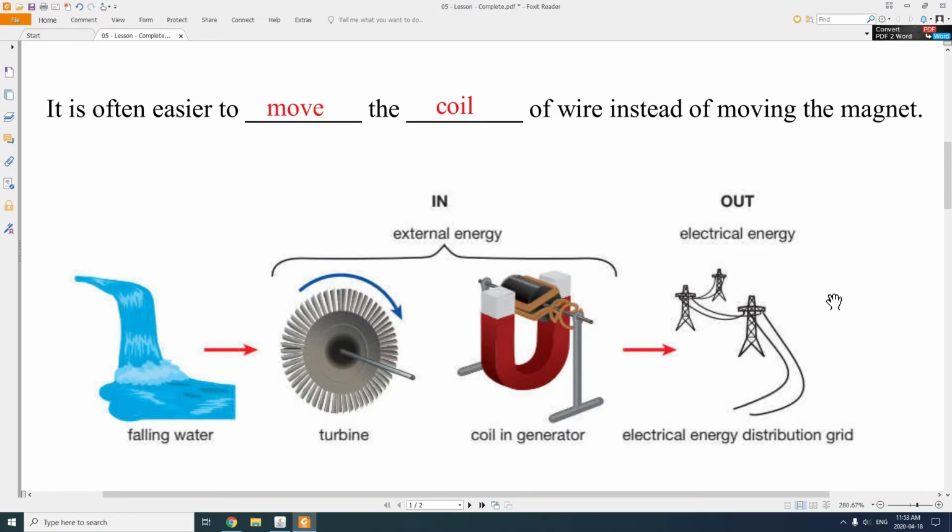You connect that up to your energy distribution grid, right, your power lines, and you send power to people's houses. Now, there's a bit more complicated details there in how the power is sent, but that's the general idea. If you can spin a coil of wire past a magnet, you have power. You have electricity.